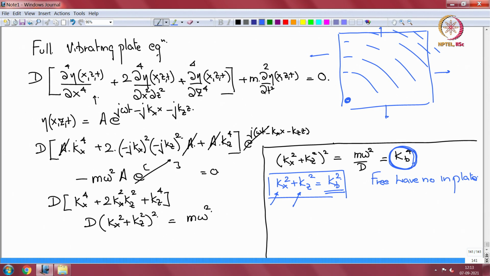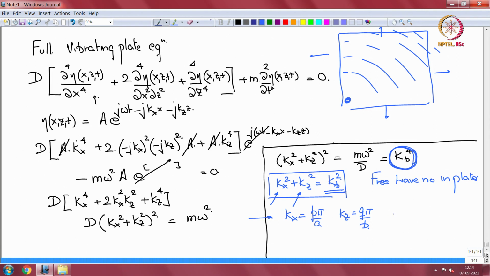Then another equation is also true, that if my kx is equal to say pπ/a and kz is equal to qπ/b, now we are on to a finite panel. These are the modal wave numbers kx and kz.